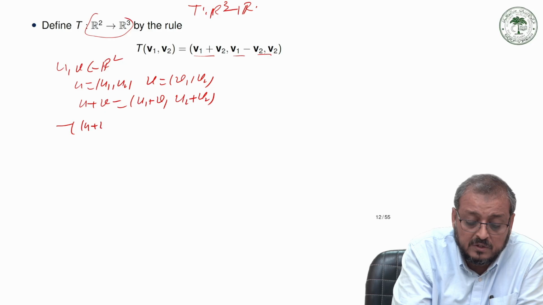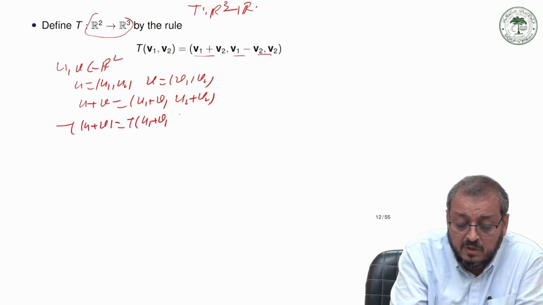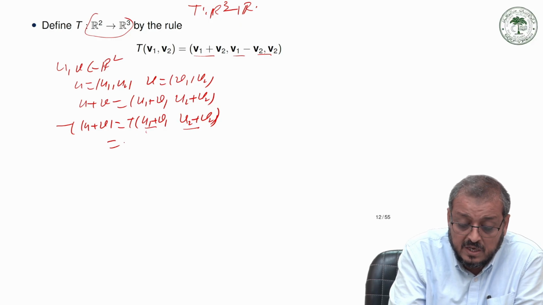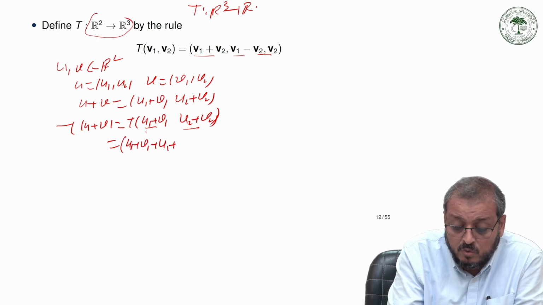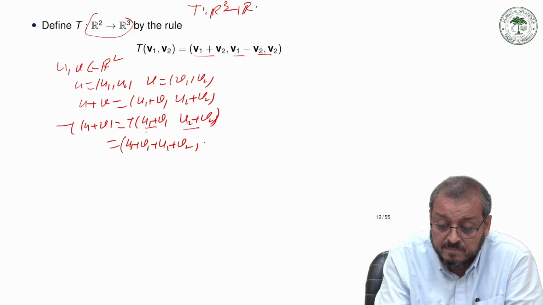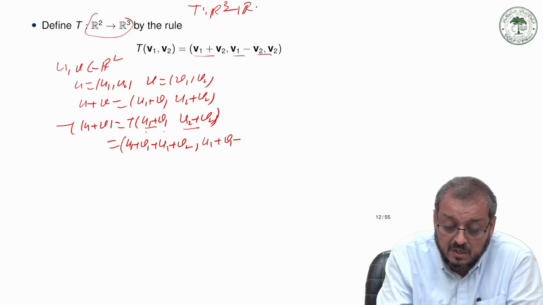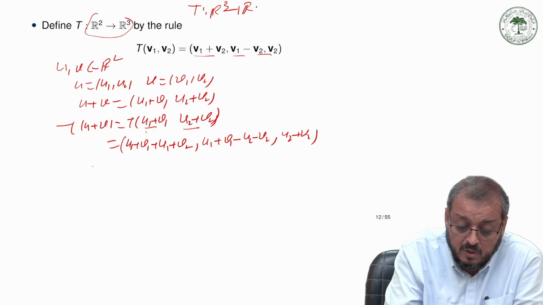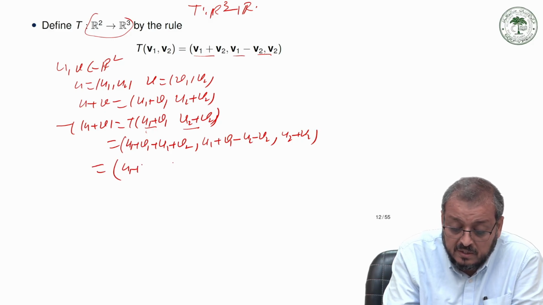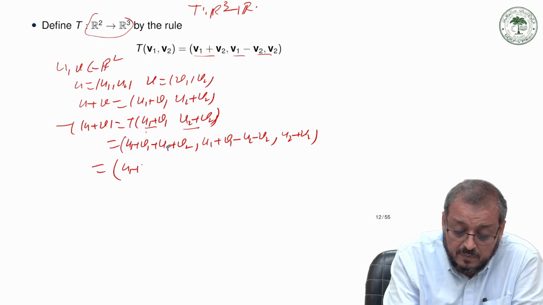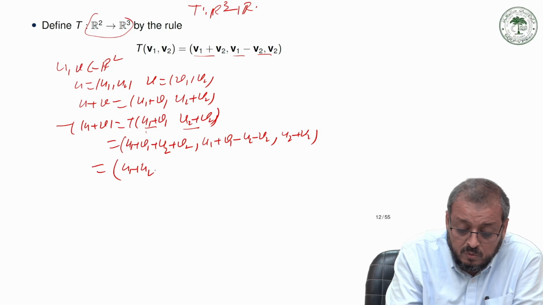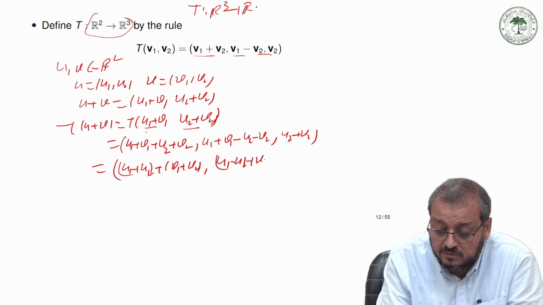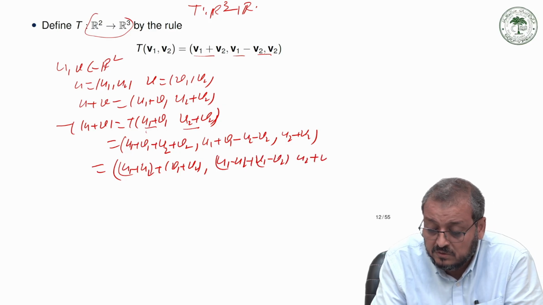Now T of u plus v is T of (u1 plus v1, u2 plus v2), which gives u1 plus v1 plus u2 plus v2 as the first term, then u1 plus v1 minus (u2 plus v2), and the last term is u2 plus v2. Rearranging, we get (u1 plus u2) plus (v1 plus v2), then (u1 minus u2) plus (v1 minus v2), and u2 plus v2 as it is.